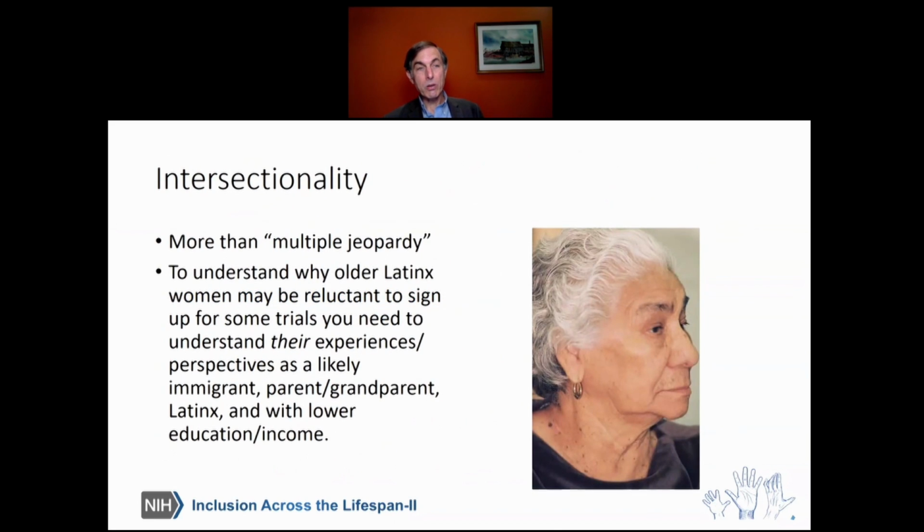Just to go back to what I mentioned earlier, it's important when you're thinking of elders of color to think about intersectionality. So this older woman may be Latinx, she may be an immigrant, a grandparent, perhaps living with grandchildren, likely lower education and income, but those are not simply additive characteristics that increase the difficulty in recruitment and retention or lead you in any particular direction in addressing ways to reach this older woman for a clinical trial.